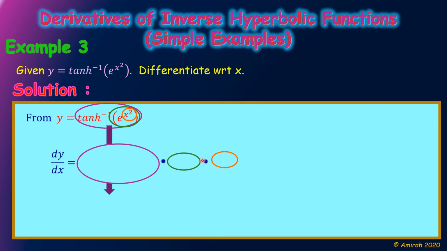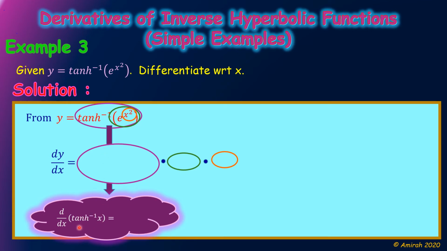For the outer circle, we can refer to the formula for the derivative of inverse tan x, because we have inverse tan here. We refer to single x only. So the derivative of inverse tan x equals 1 over 1 plus x squared.